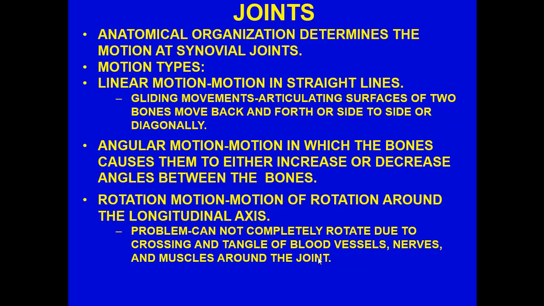So when something happens, or even in the shoulder joint, and the shoulder joint is a shallow ball and socket, whereas the hip joint is a deep ball and socket. In either case, you couldn't completely rotate that all the way around because it would cause damage to the structures that are integral to keep that joint stable.